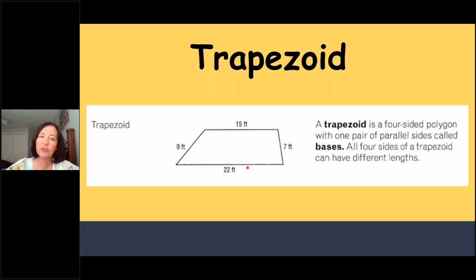So even if this trapezoid was standing up on end in a really strange position, to identify the base, we would have to find the two parallel sides. And actually, a trapezoid is going to have two bases with different measurements. So a trapezoid has exactly one set of parallel sides, but all four side measurements can be different.